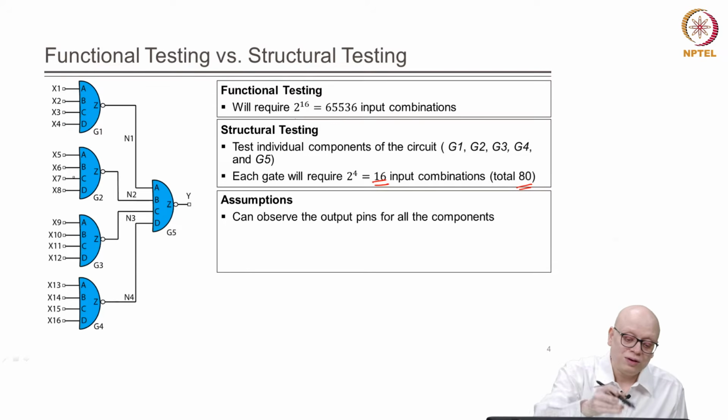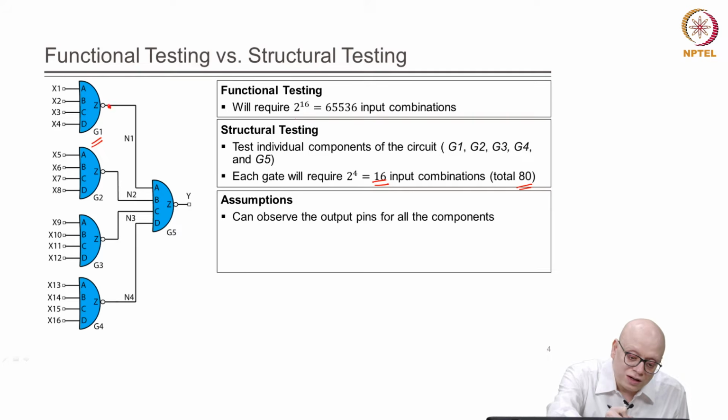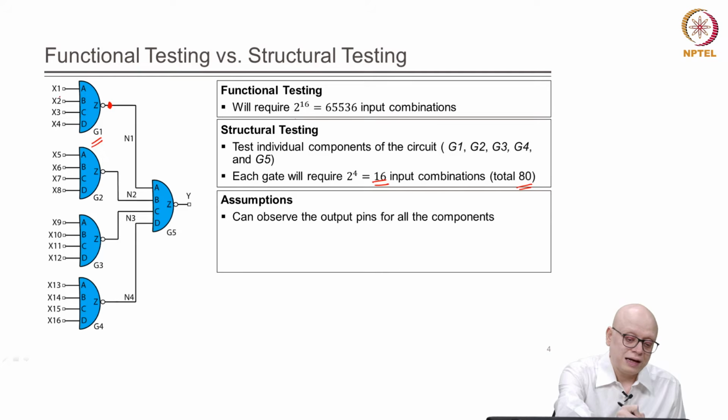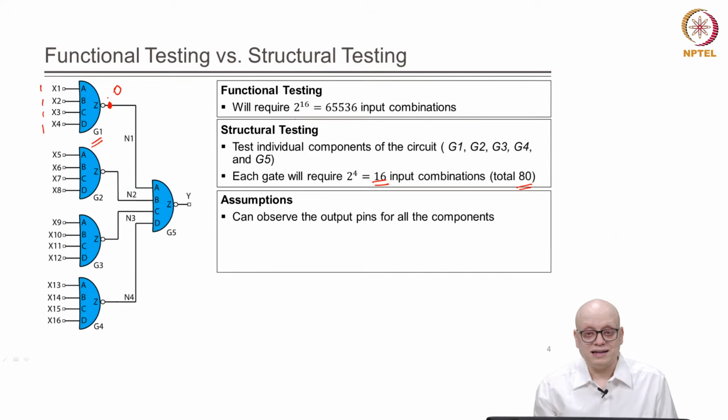If we want to test whether G1 is functioning correctly, or the NAND gate G1 has been manufactured correctly, then we need to observe the value of its output. When we apply a test pattern at x1, x2, x3, x4 as 1 1 1 1, we expect that this G1 gate will produce an output of 0, since it is a NAND gate.